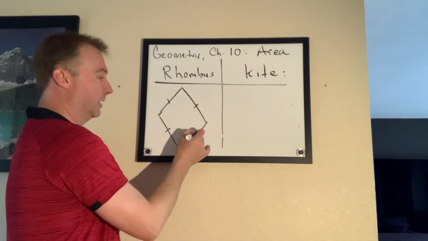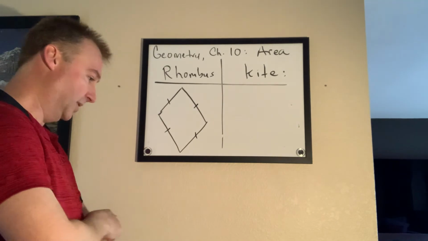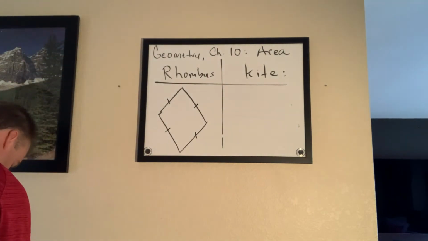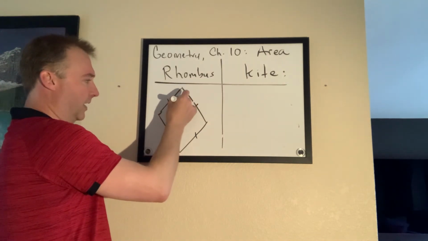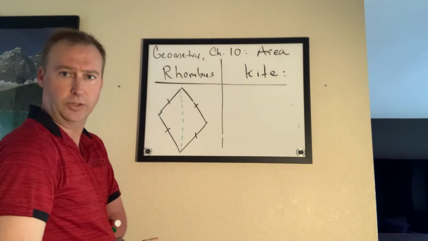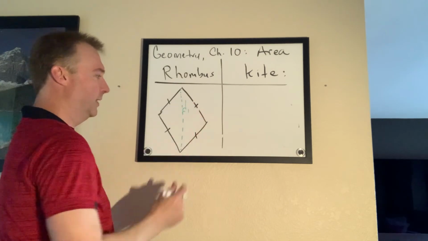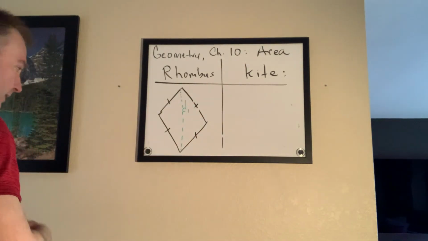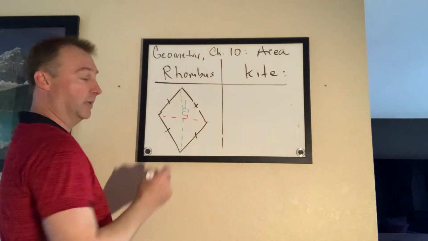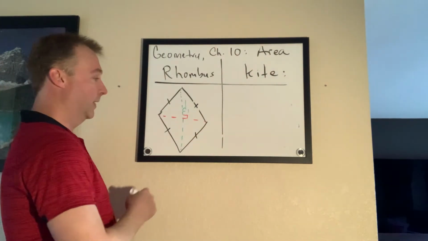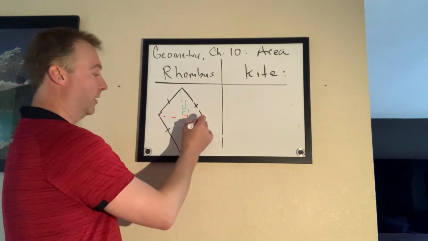Four congruent sides, right? And let me switch colors for a second. It's going to be all about the diagonals. There's one diagonal in green there. We're going to call that D1. And the other diagonal. Remember they're perpendicular, there's a right angle there. That's one of the properties of a rhombus. We're going to call that D2.